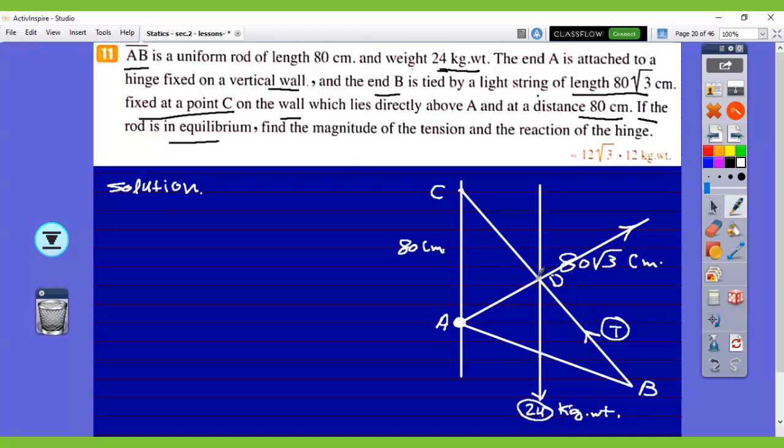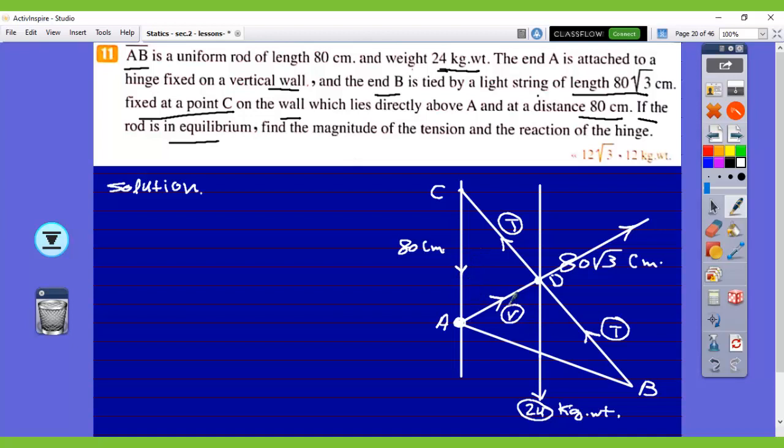This point is D. So the triangle ADC is the triangle of forces, such that the direction of R passes through the point D, and here we have the direction of T, and we represent the force 24 in this direction.